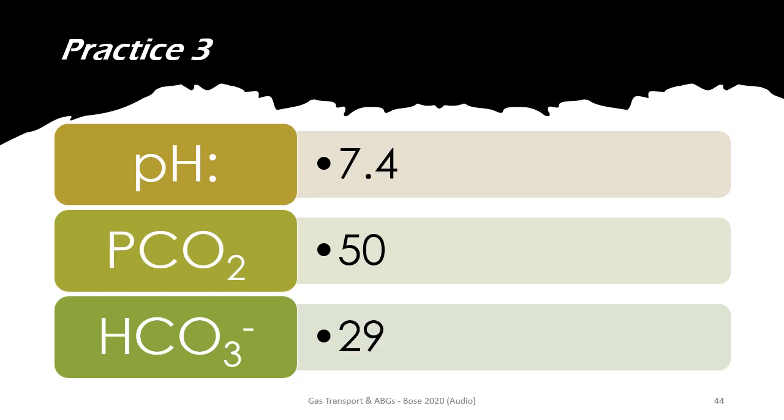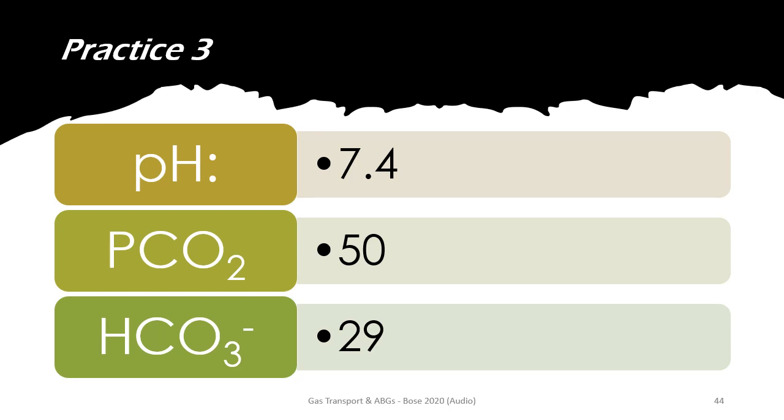In this last one, you can do this practice arterial blood gas analysis by yourself. So you see the values provided for the three critical elements for analyzing an acid-base status, and you can use your cheat sheet or the previous examples for arriving at an answer.